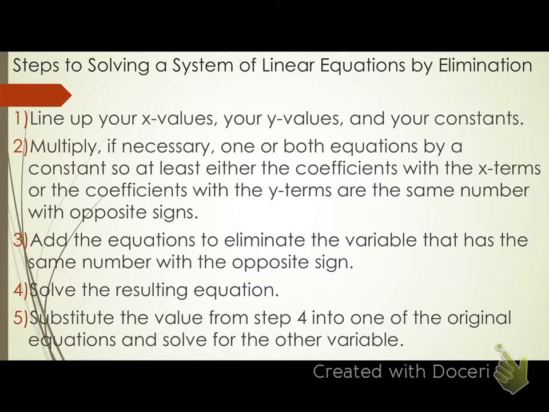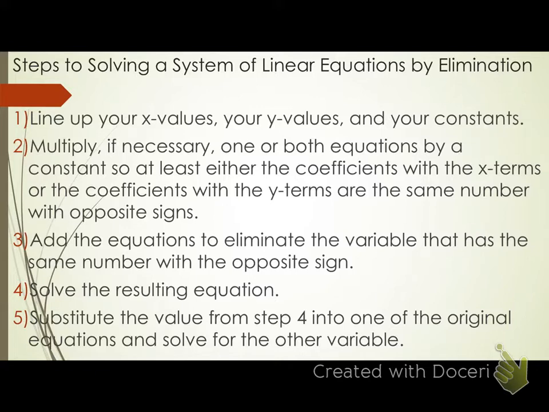Step 3, once I get the same number, opposite signs, I can then add my equations to eliminate the variable that has the same number with the opposite sign. Because if I add two numbers that are the same number with opposite signs, what happens to them? Say I add 2 and negative 2. What do I get? 2 plus negative 2, negative 3 plus 3, 10 plus negative 10.